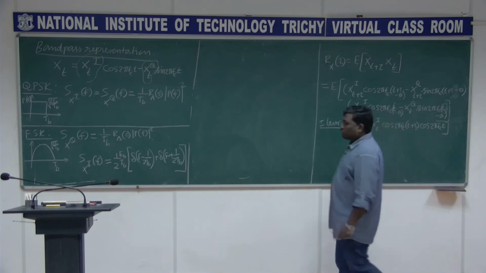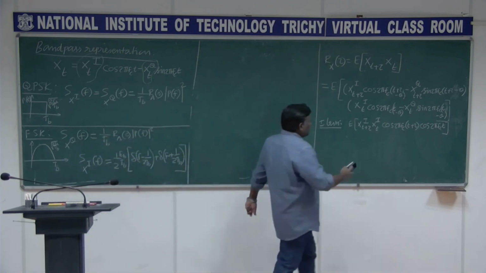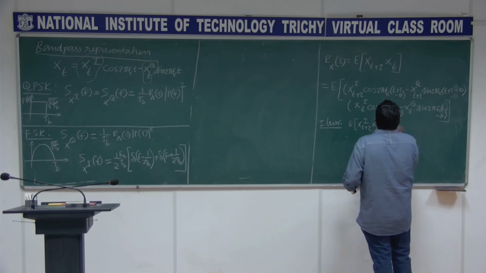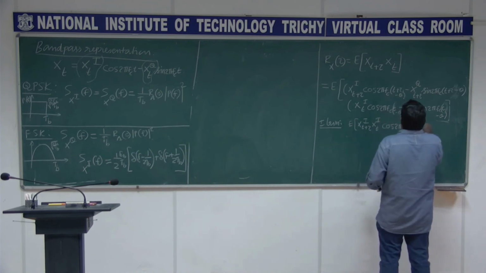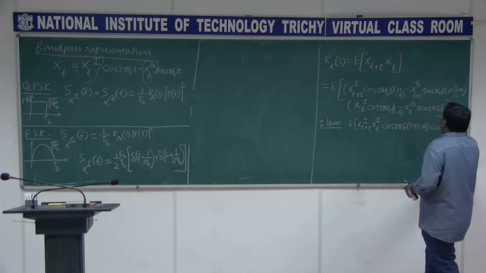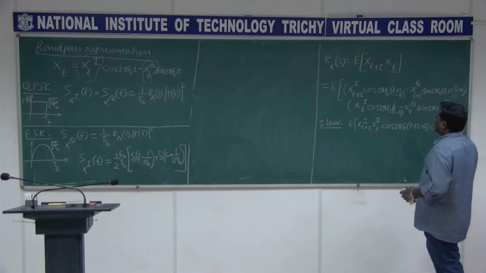So the first term when you consider, it is going to be cos 2 pi Fc t plus tau minus theta, and here you get cos 2 pi Fc t minus theta, that is going to be the first term in this.